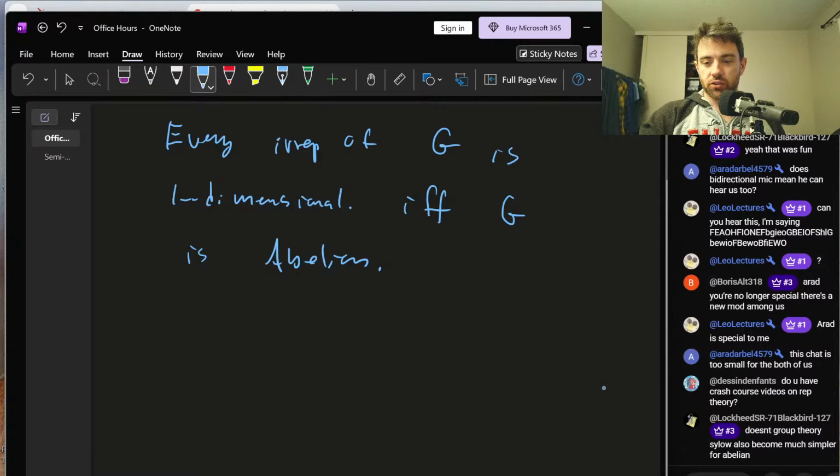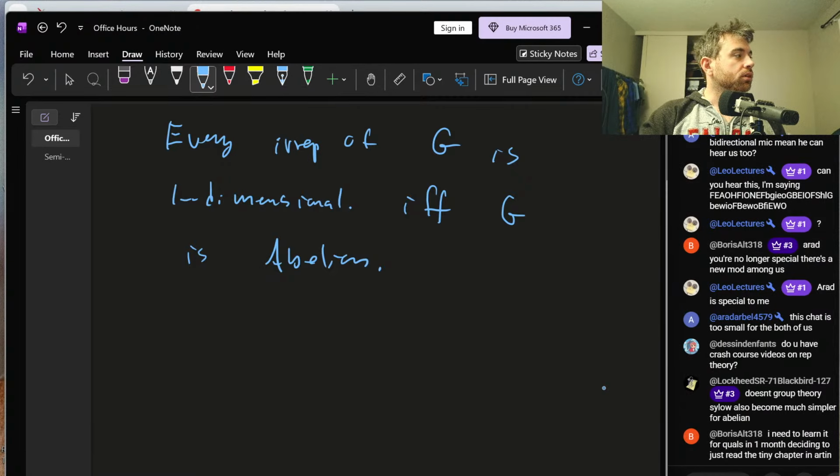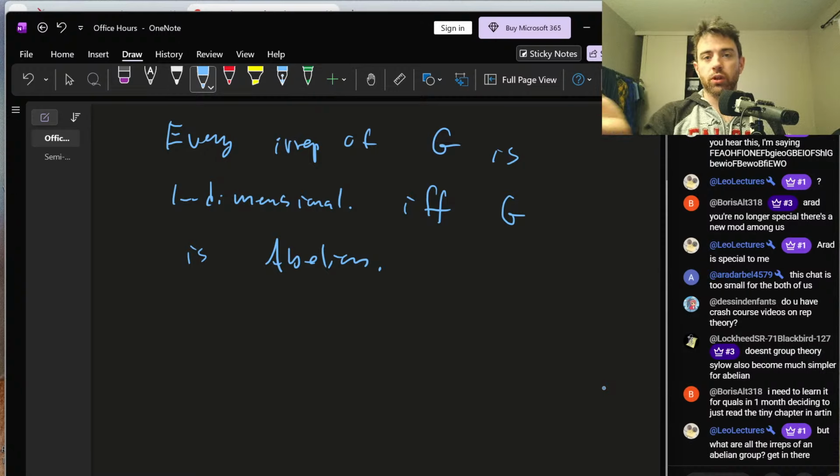Doesn't group theory Sylow also become much simpler for abelian? Yes, because we know what all finite abelian groups look like, right? And so as soon as you know what your group is, it's very easy to classify all the subgroups.